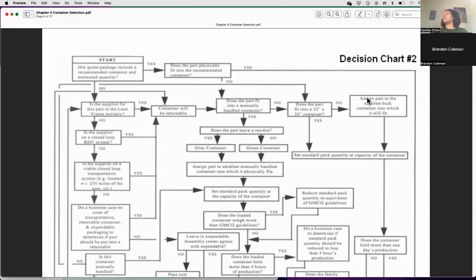No, then you're looking at one of the bigger roll packs, the 48 by 45, or maybe a bigger standard even if necessary. And then it says here, you set the standard pack quantity at the capacity of the container. So again, you have to know the weight capacity of that container, which was in the last homework assignment, because you want to make sure you're not overloading that container.